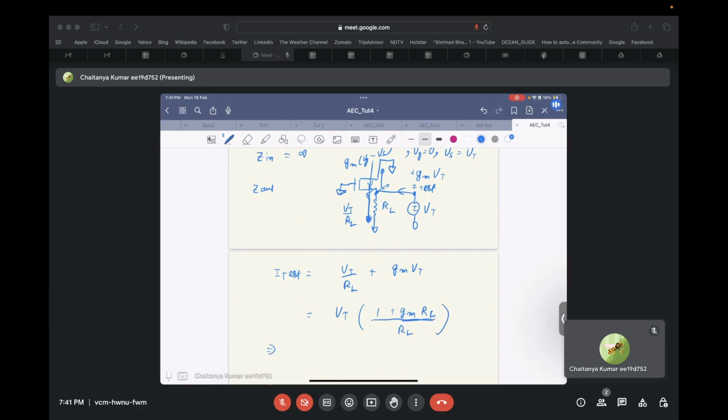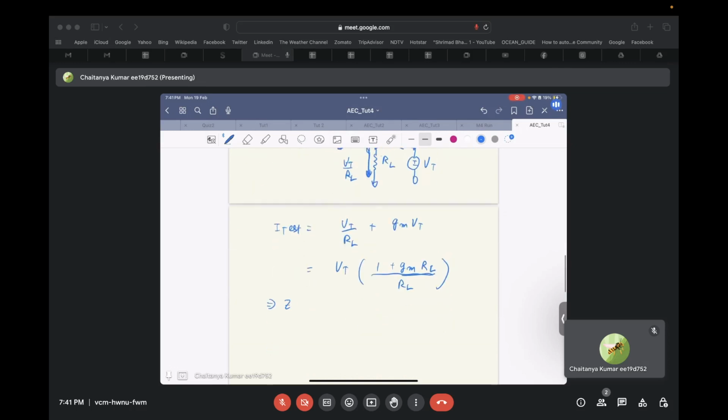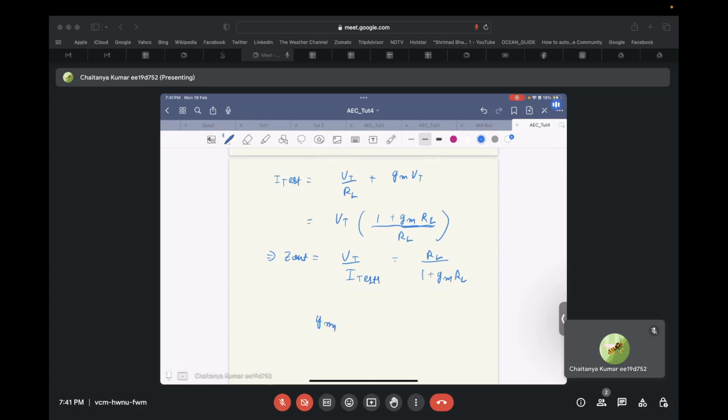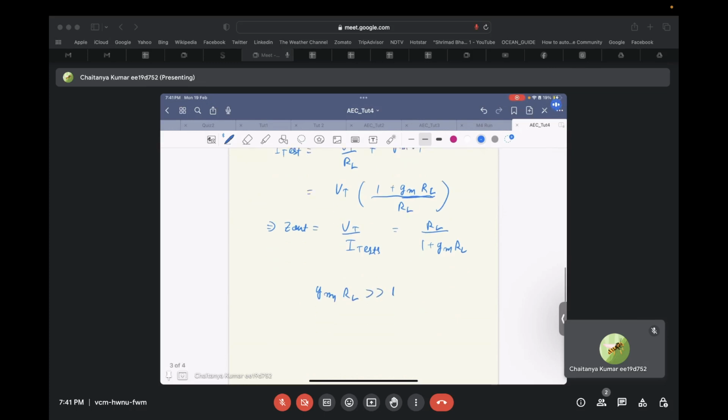So our Z out, which is basically Vt by I test, is equal to RL upon 1 plus Gm RL. Now if Gm is very high, or let's say Gm RL is much greater than 1, then this can be approximated as RL upon Gm RL, that is equal to 1 by Gm.